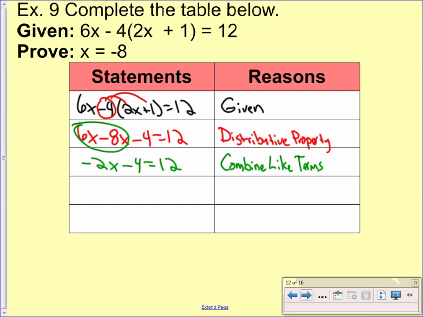Next step is to start solving. I'm going to add 4 to both sides. So negative 2x equals 16. My reason is what I did above, the addition property of equality.